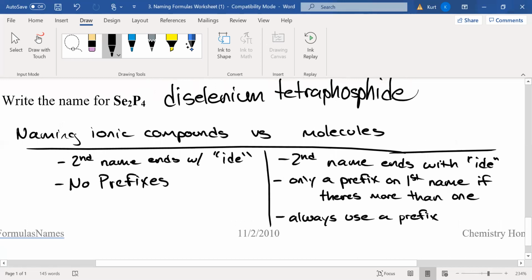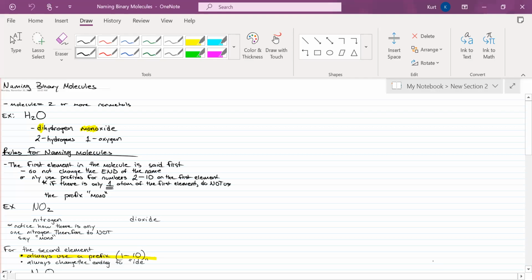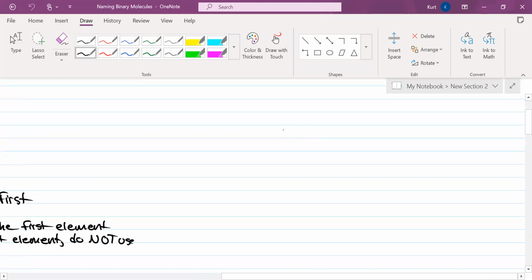Let's switch over to your notes. Ionic compounds, just continuing what you already have written down.